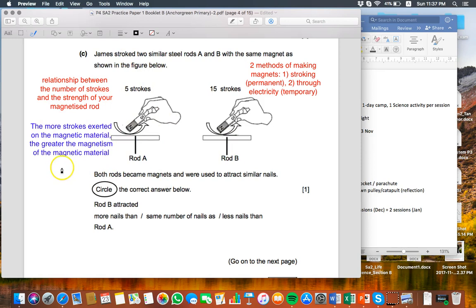And let's look at the relationship that we have established between the number of strokes and the magnetism of the magnetic material. So rod B would have greater magnetism than rod A. So when rod B has greater magnetism, it would be able to attract more nails than rod A. Alright, so the answer would be more nails than.